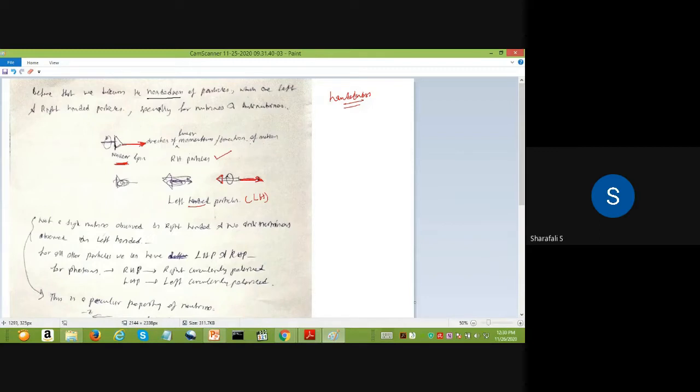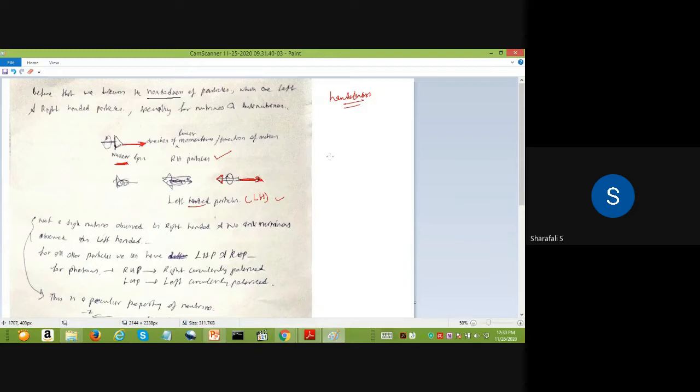So once again, I will repeat this. If the particle has a momentum direction which is opposite to the spin direction, it is called left-handed.